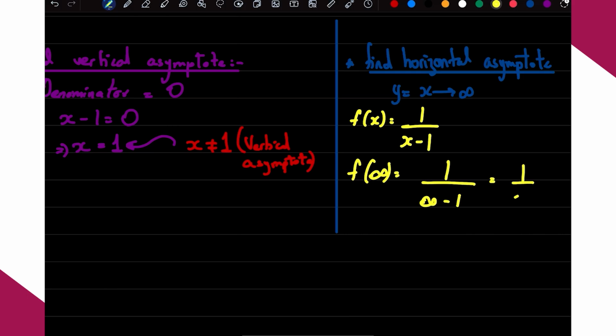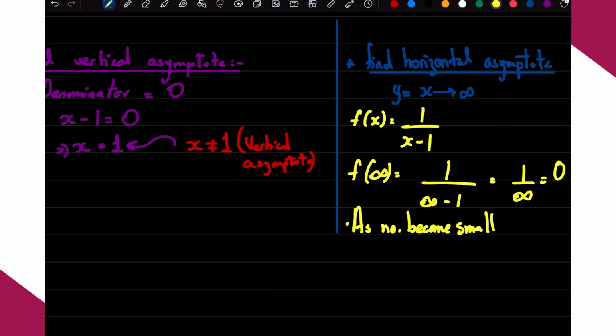That's actually 1 over infinity, right? So anything divided by infinity is going to be 0, because as the number becomes larger, the value approaches 0. So as numbers become large, 1 over n approaches 0. So that's the rule that we are using over here.